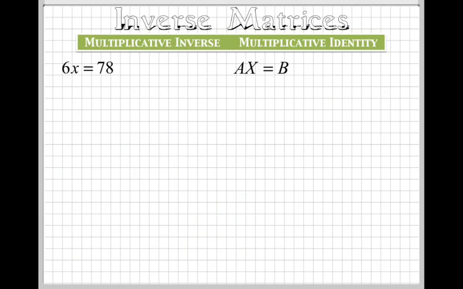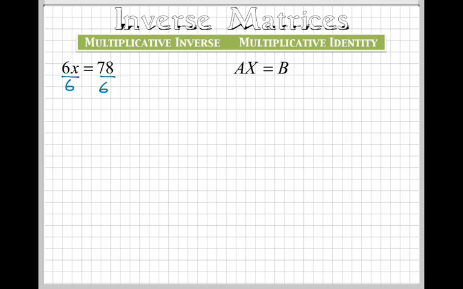Now I'm going to show you something that you guys are all very familiar with. This guy right here is just a linear equation. And when we go to solve this, the way we would go about doing that is we would divide by 6.